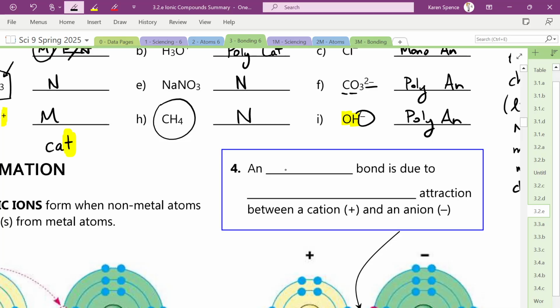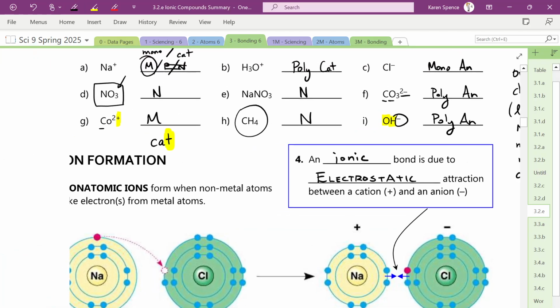Okay, an ionic bond, this is number 4, is due to the, and it's a word that starts with E, electrostatic attraction between a cation and an anion.